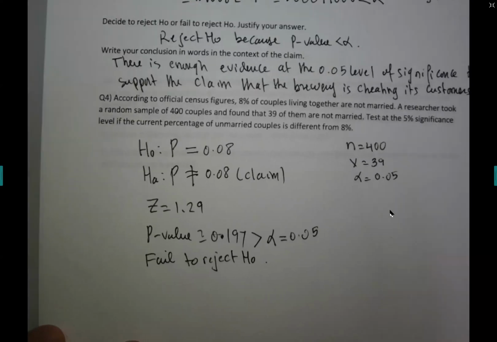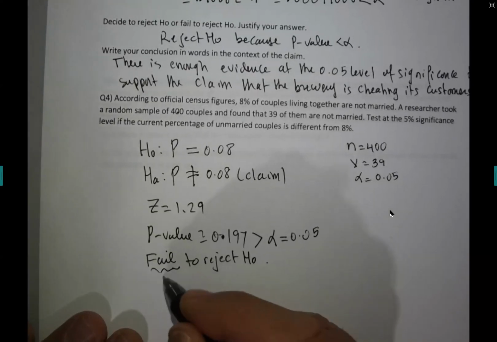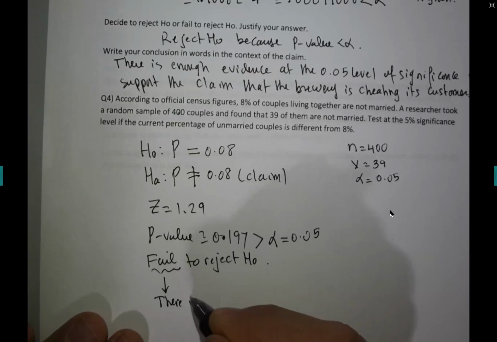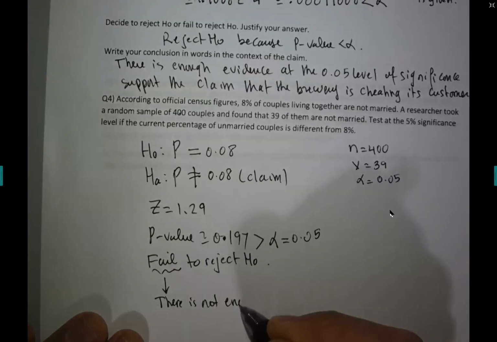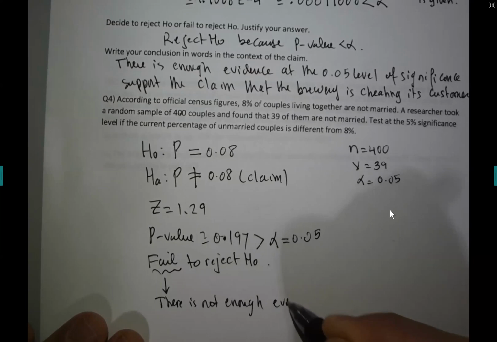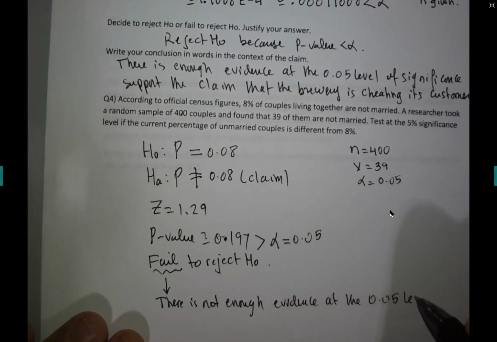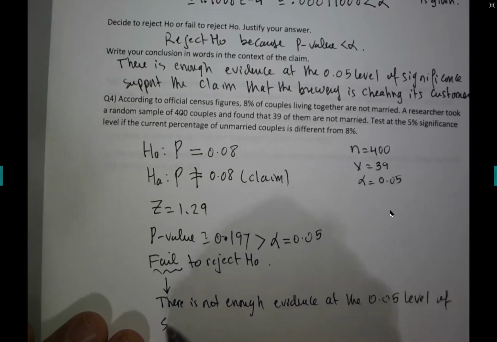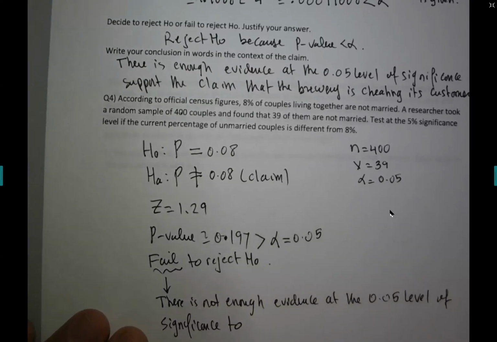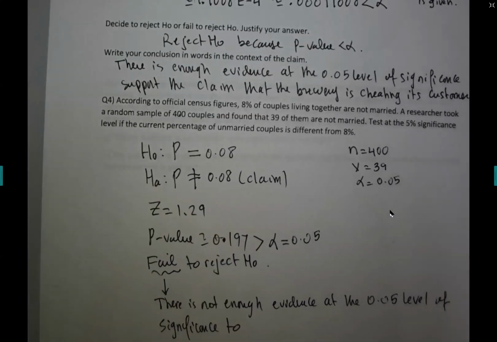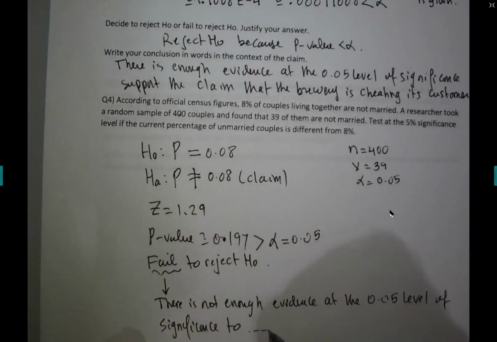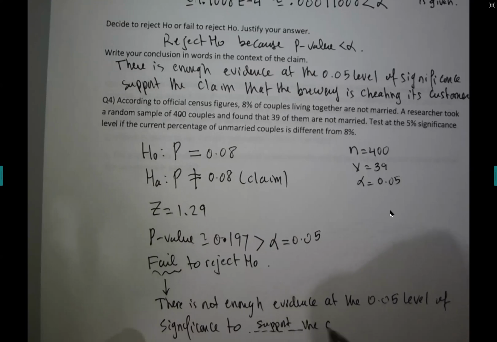And your conclusion is going to be, because you start with fail to, there is not enough evidence at the 0.05 level of significance to what, guys? The claim is in HA. Support the claim.